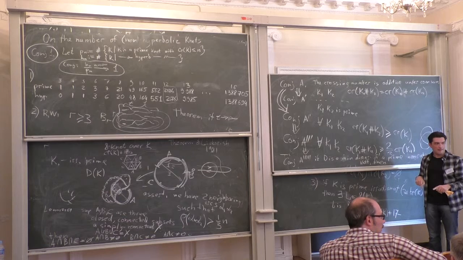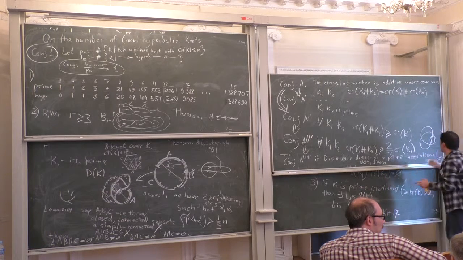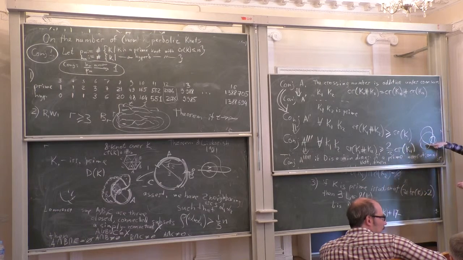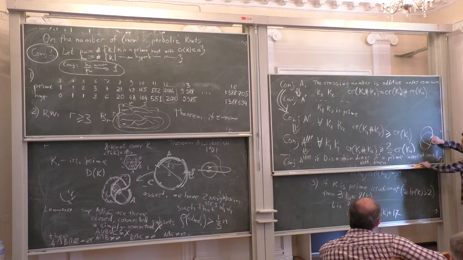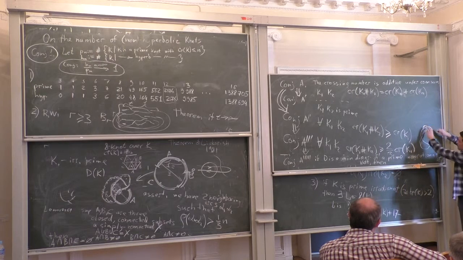Why does it follow? Suppose this thing is not prime. What does not prime mean? Then there is some local knot somewhere there.